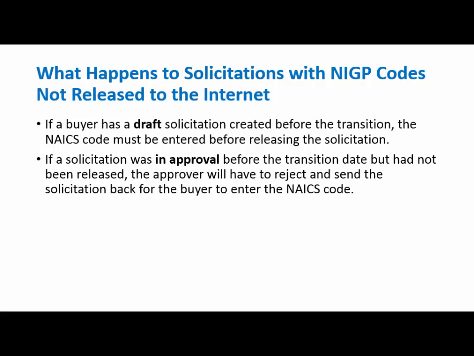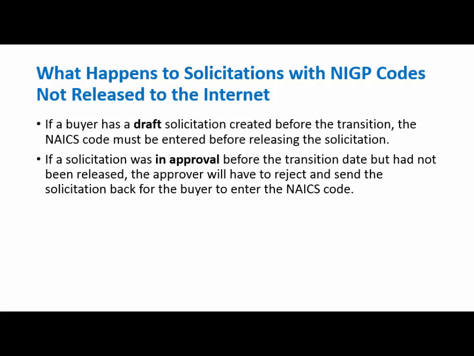If you have a solicitation that has not made it to the internet by the date of the change, you will need to convert to NAICS codes. For instance, if it's in draft with an NIGP code, you will need to enter the NAICS code before you'll be able to release it. Sorry, it doesn't convert it for you.